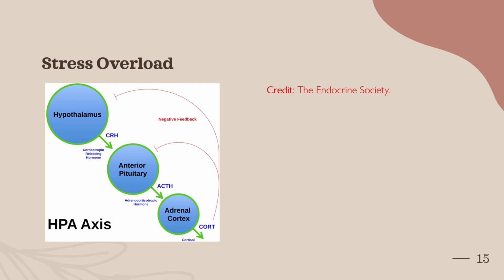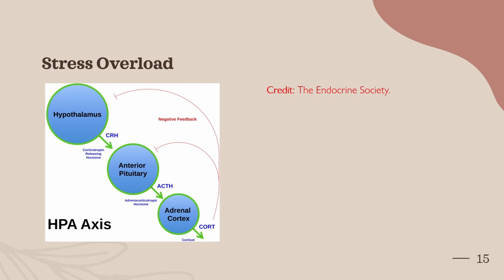Over time, this pressure begins to interfere with the brain's ability to process and store information, leading to the cognitive struggles that many patients report even when their mood seems stable.